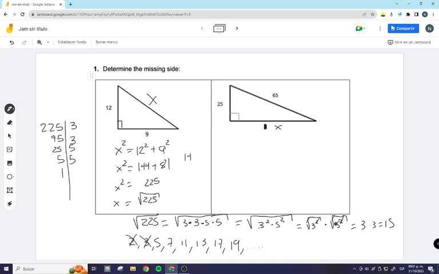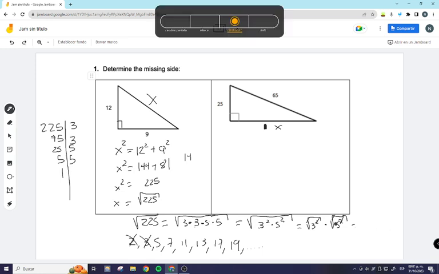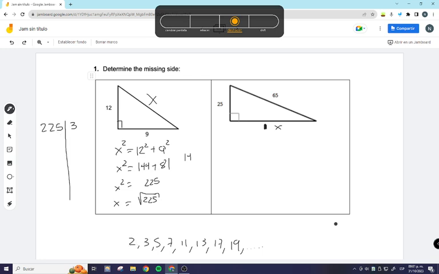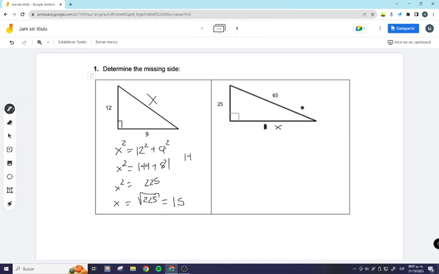It's quite a long process, but if the root is a natural number, you can get it by doing this. If you forgot how to do that, please check in this channel the video about prime factorization and simplifying roots. So the result is 15.